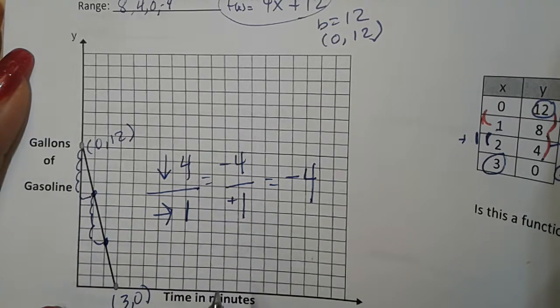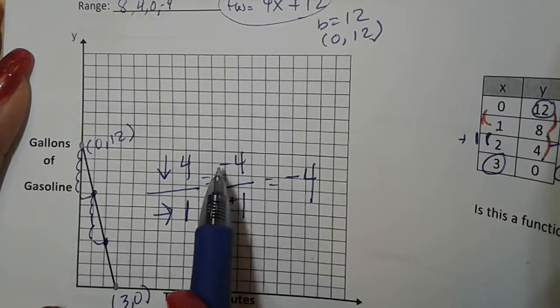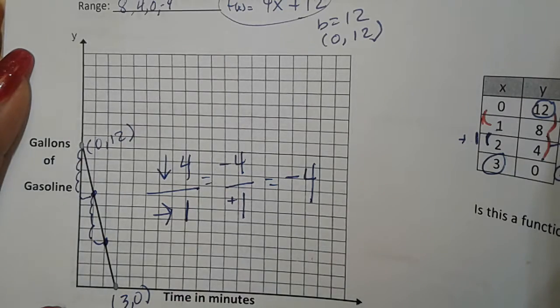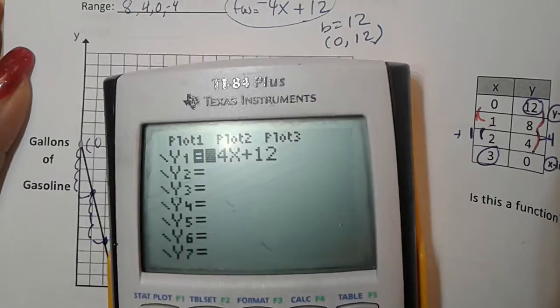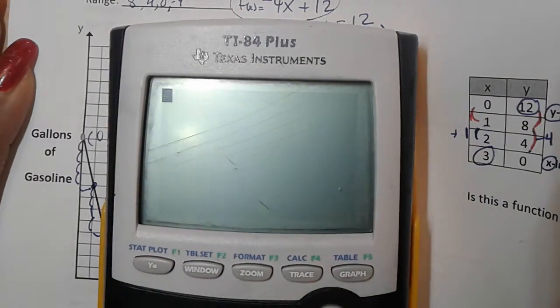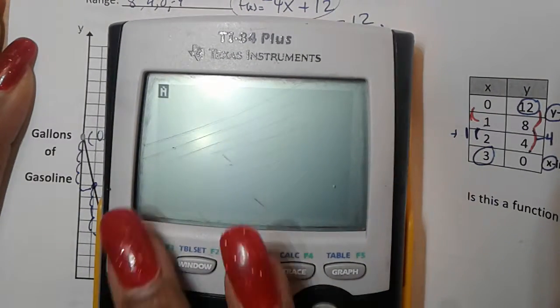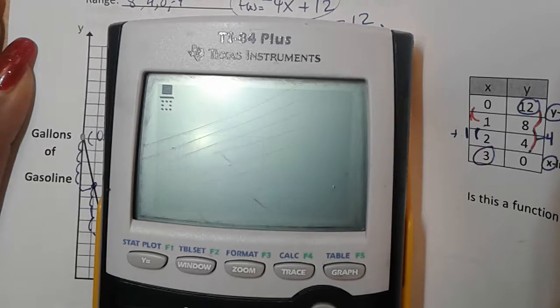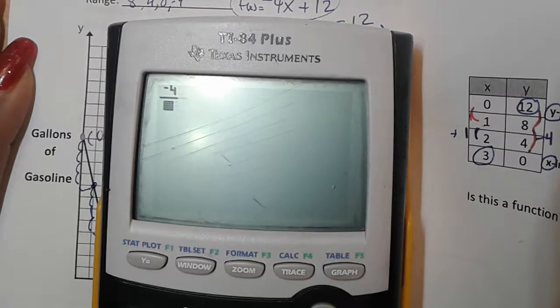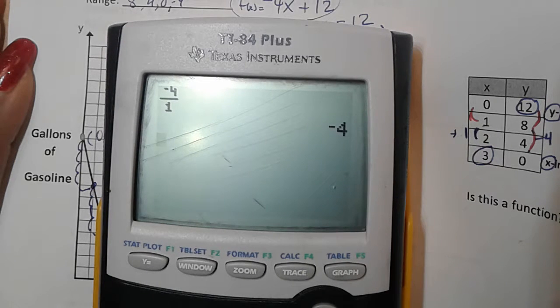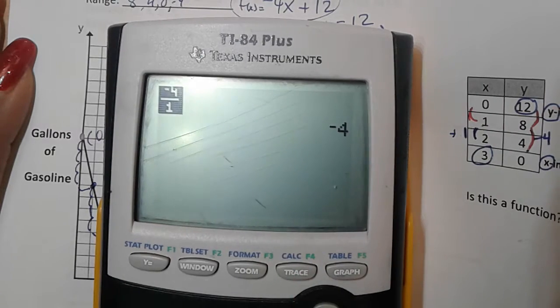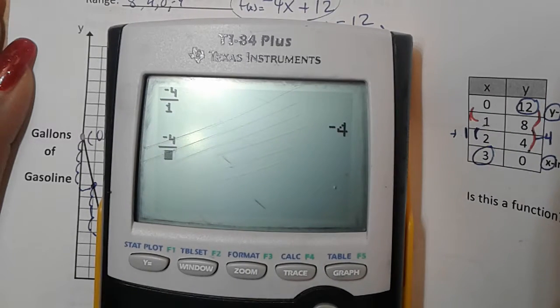Now, how do I know that a negative only belongs in the top? Let's look real quick. I promise I won't take too long on this. Okay, alpha y equals, press 1. -4 over +1 gives me what? Ta-da! -4. Okay, let's put a negative at the bottom. Let me change that to -1.